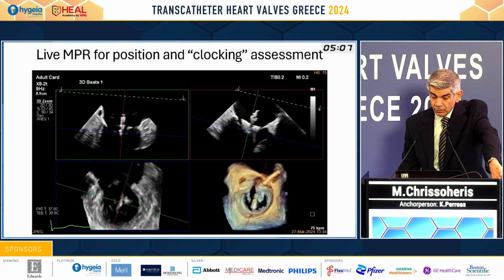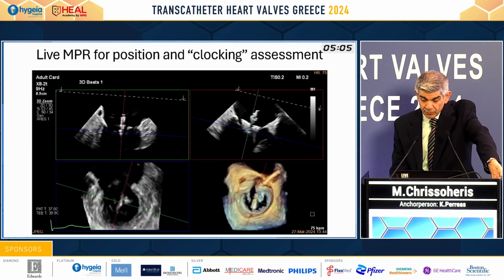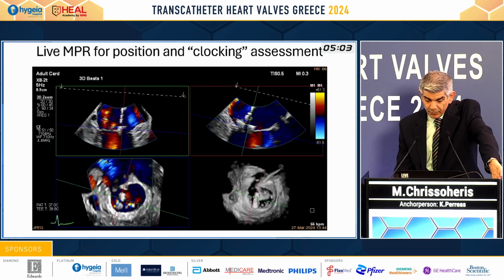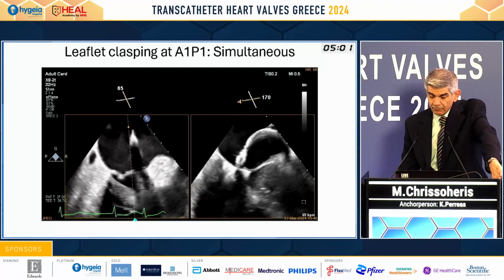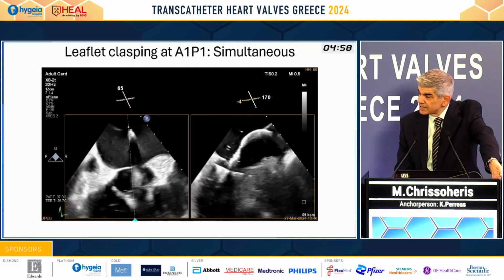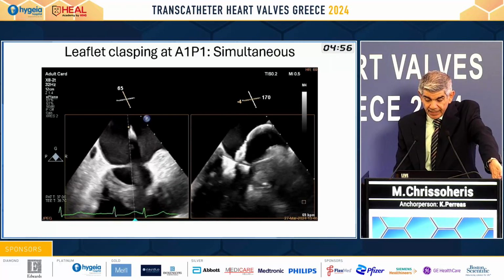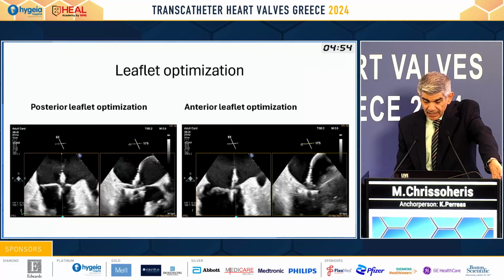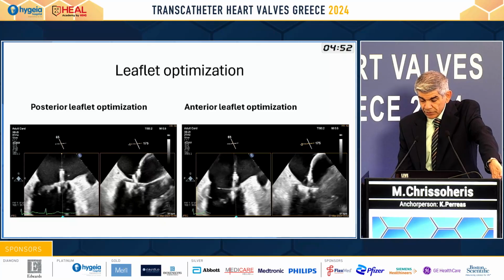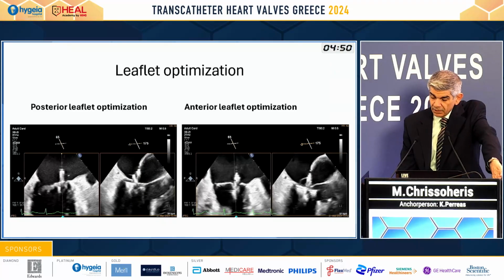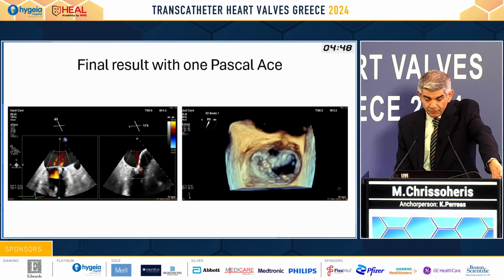Again, M-TEER for guiding the positioning over the valve, with color also to navigate. We use long axis images at about 170 for good delineation of the device and optimization of both posterior and anterior leaflets to ensure maximal leaflet insertion before closing the device.